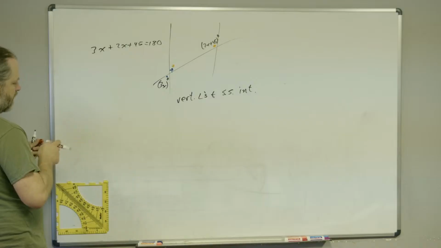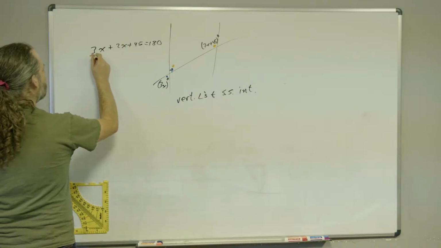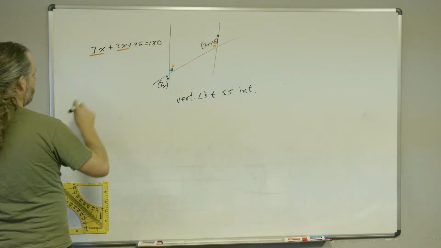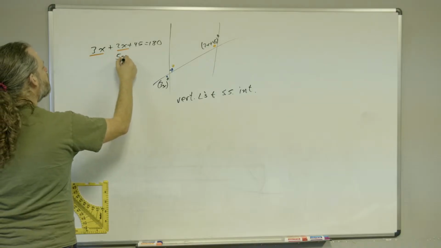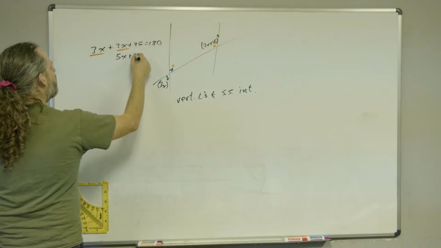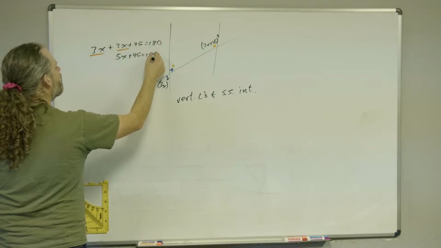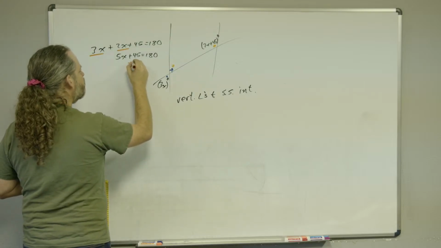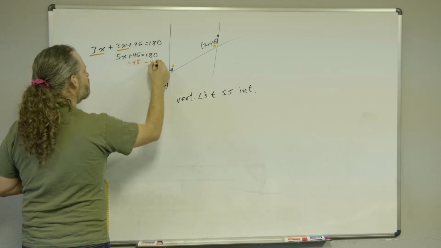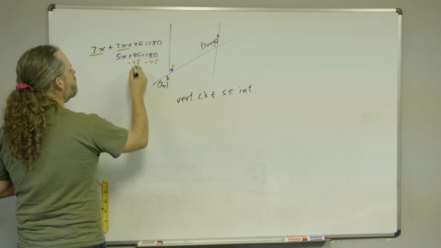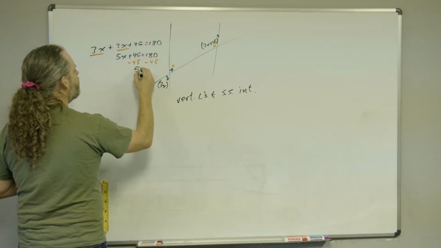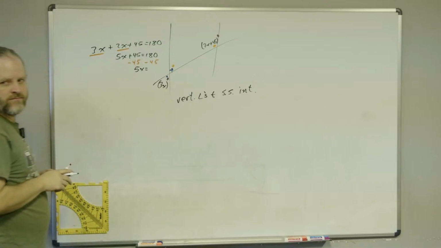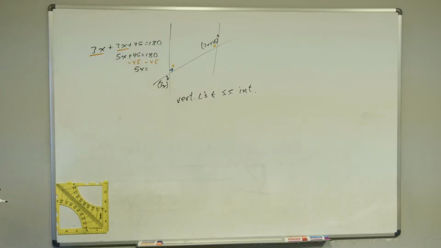So what's 3x plus 2x? 5x. Now what? So what's 180 minus 45?